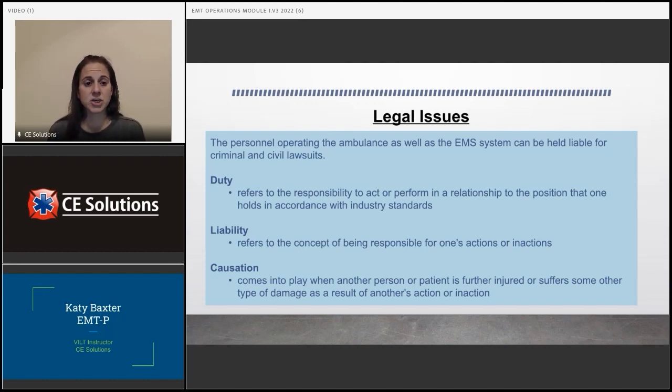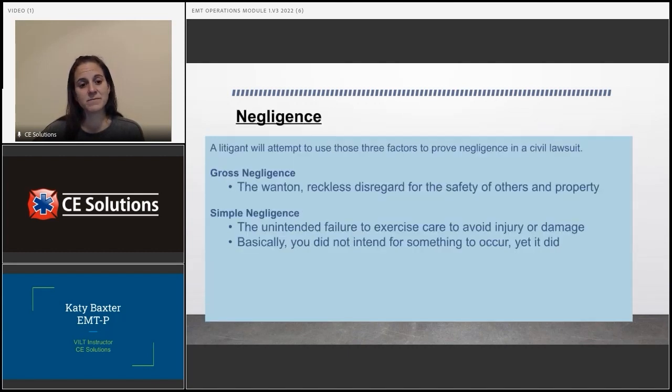And then causation comes into play when another person or patient is further injured or suffers some other type of damage as a result of action or inaction. There's a negligence component.